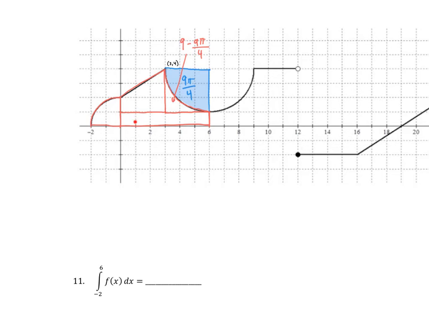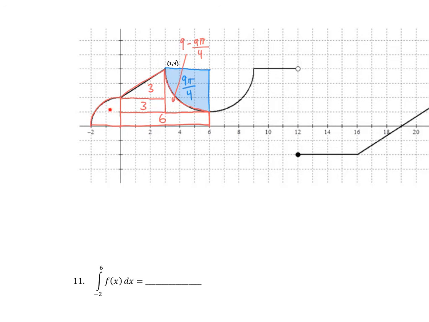Okay, this area we can see here is 6. This area, actually we can split it up. We can do this in different ways. This area is 3. You can see this whole rectangle is 6. That means this triangle is half that. So that's 3 also.